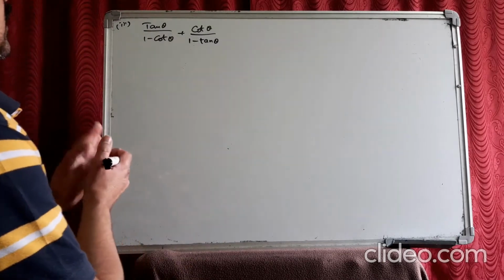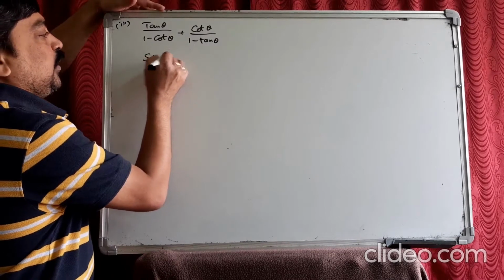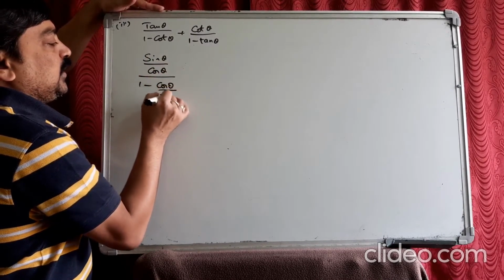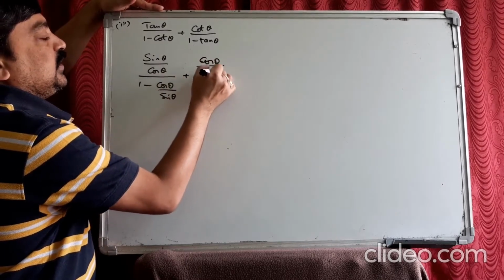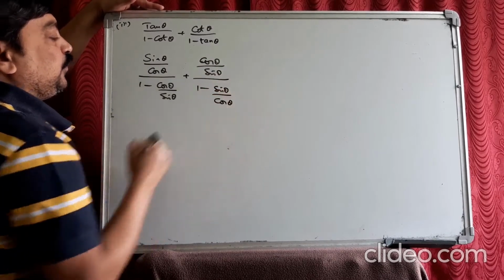So what I do is, first I convert everything in terms of sine and cos. It becomes sine theta by cos theta, 1 minus cos theta by sine theta, plus cos theta by sine theta, 1 minus sine theta by cos theta.